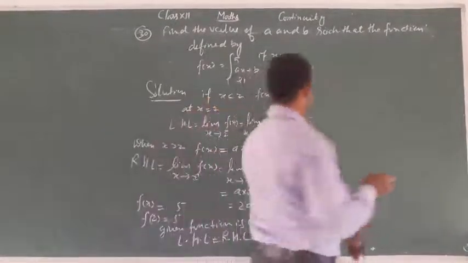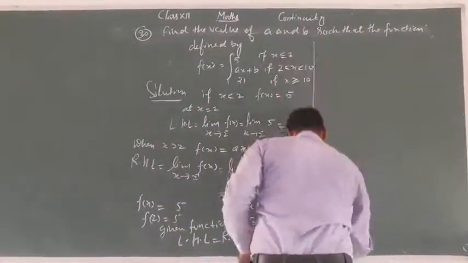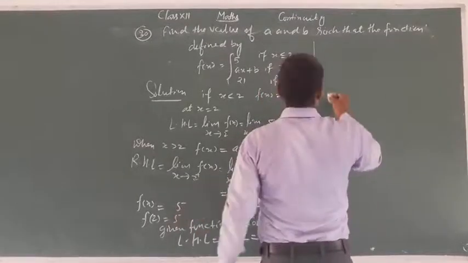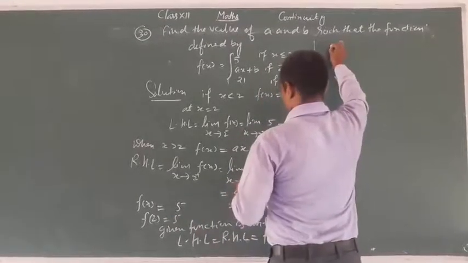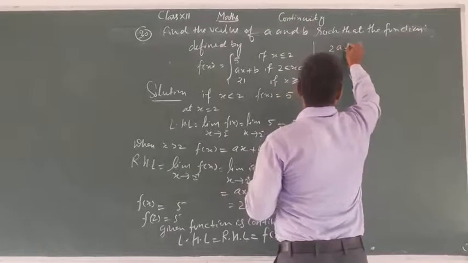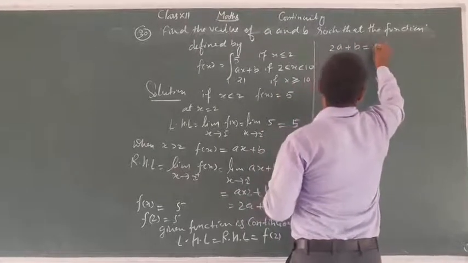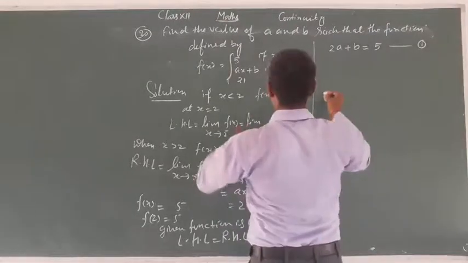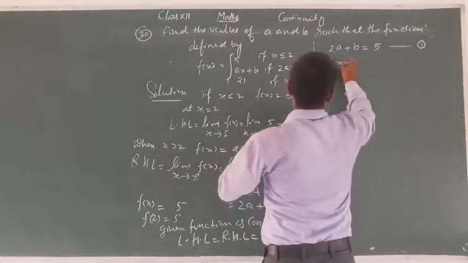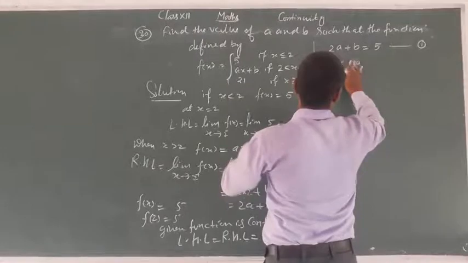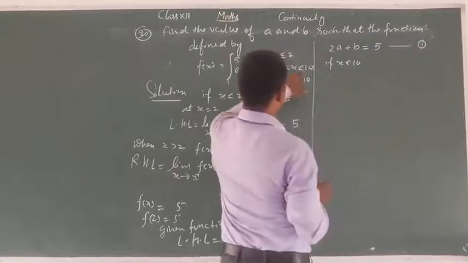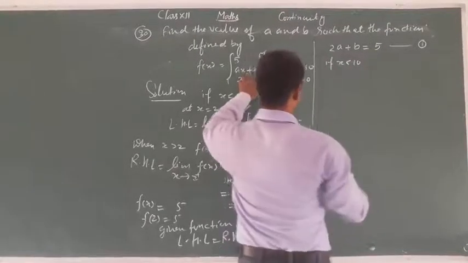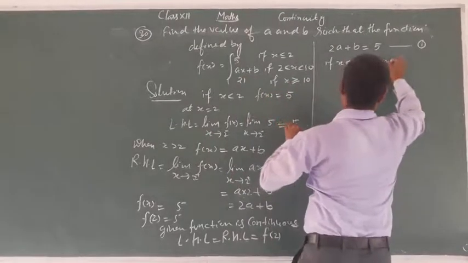Now 2a plus b is equal to 5. Take this as equation first.